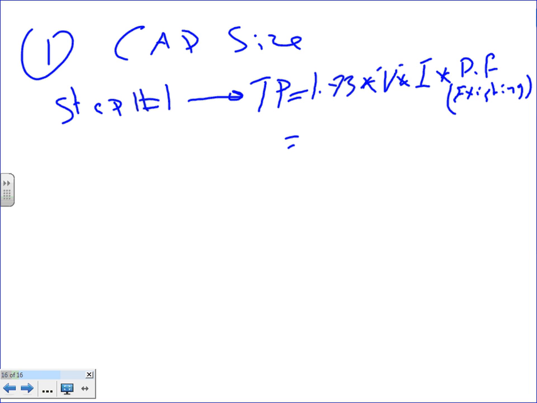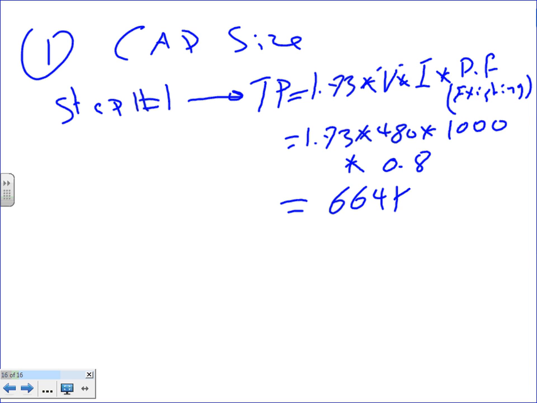So 1.73 times what's the voltage? 480 times what's the current? 100. 1,000 times what's the power factor existing? 0.8. And if you guys did all this, I have 664 kW.